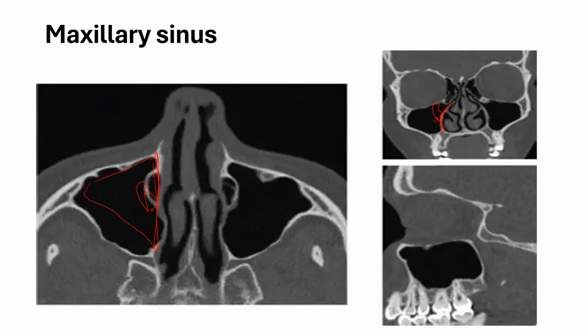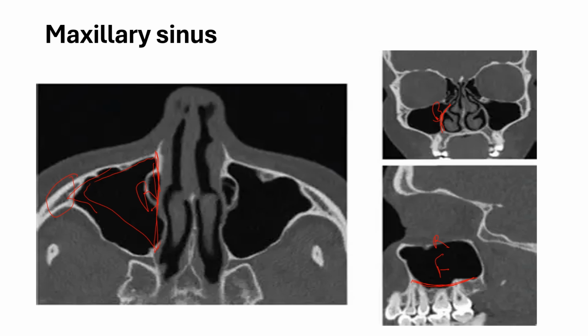The floor is formed by the alveolar process of the maxilla, and the roof is formed by the floor of the orbit.